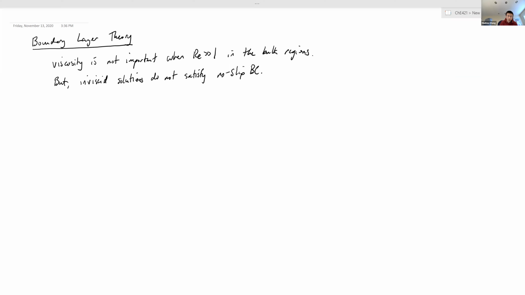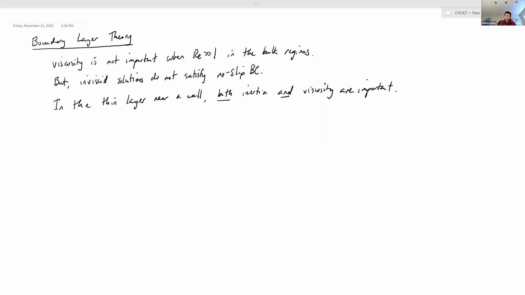What this means is that in the thin layer near a wall, both inertia and viscosity are important, right?